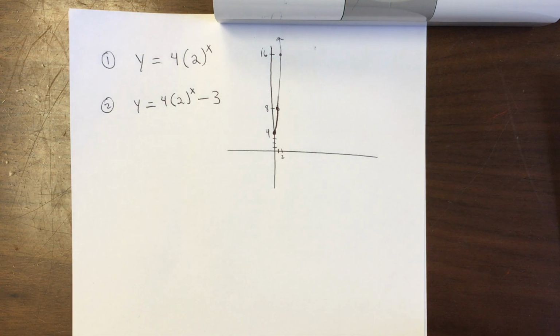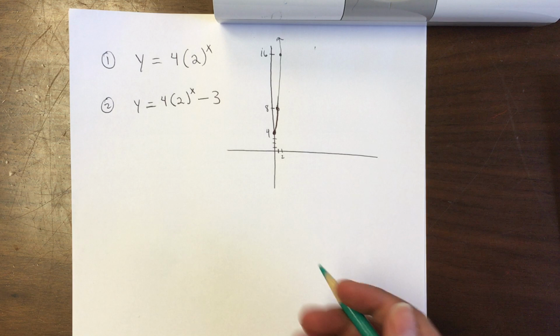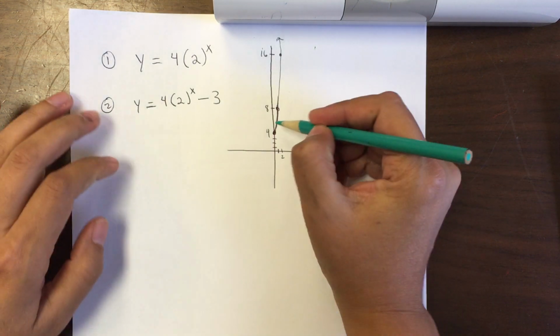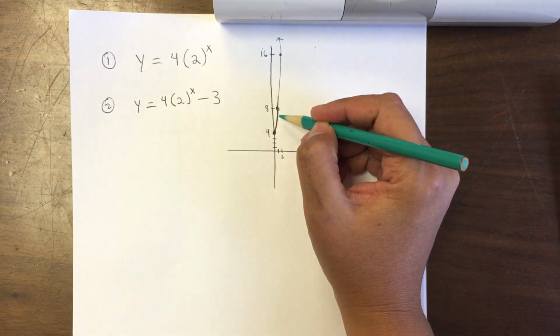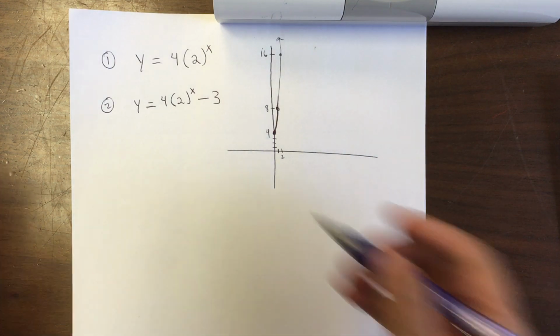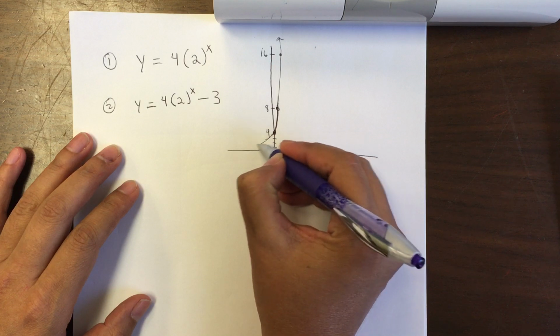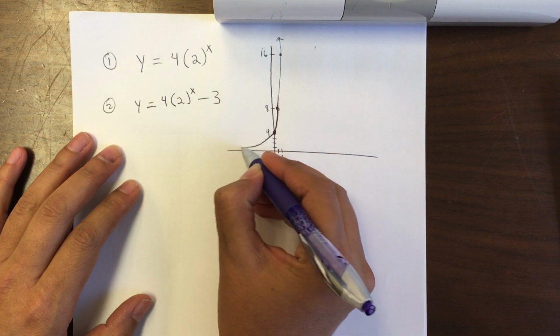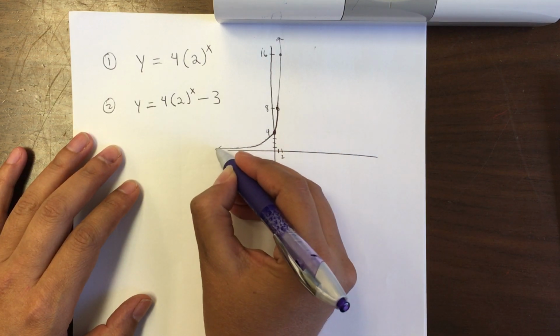Let's see, I'm finding some colors. Basically it's going to be this same graph. However, another thing that I want you to know is that eventually this is going to go to 0.